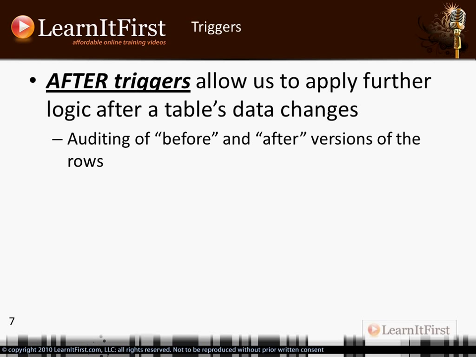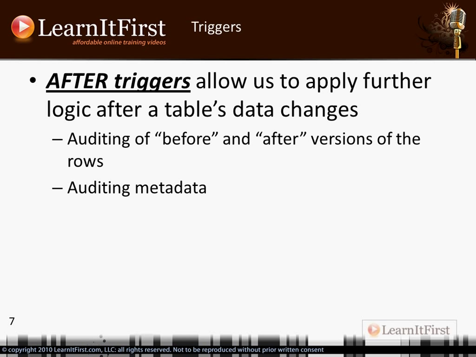Those were the virtual tables that showed the before and after images of the rows. Same thing here. We have inserted and deleted tables. We can see what the user changed. We can see what it was before they made the change. We can see what the incoming change is. We can overwrite their incoming change. We can audit it. Audit triggers are huge for your programming side of things.